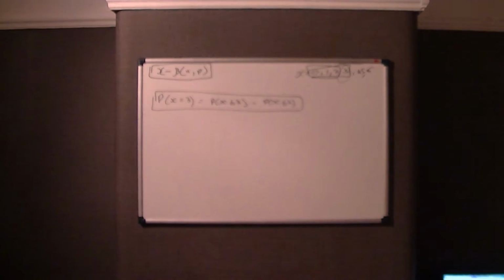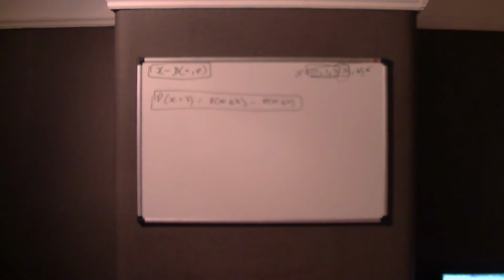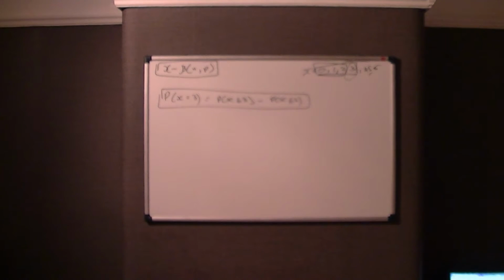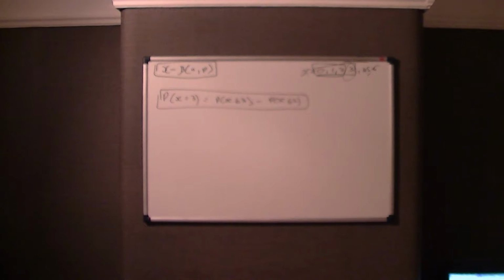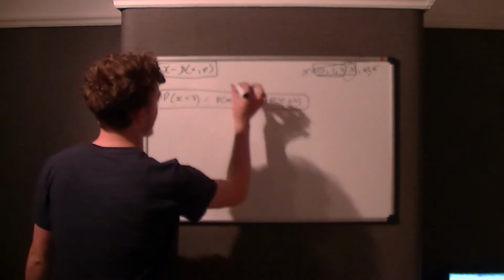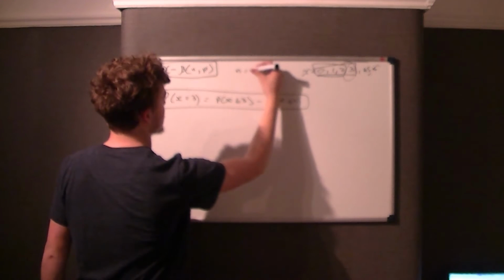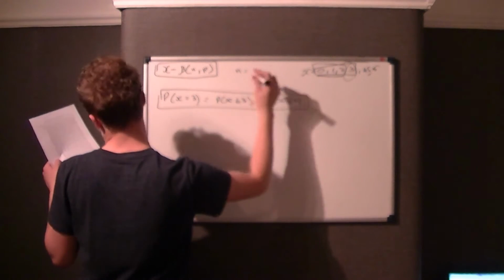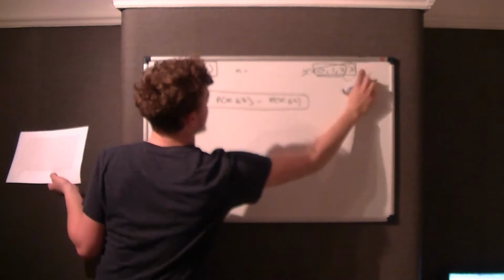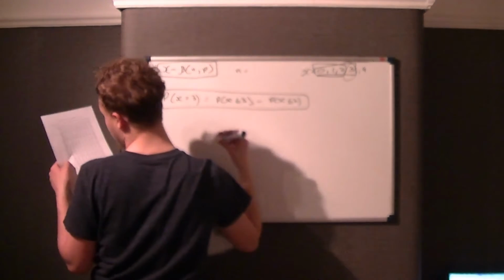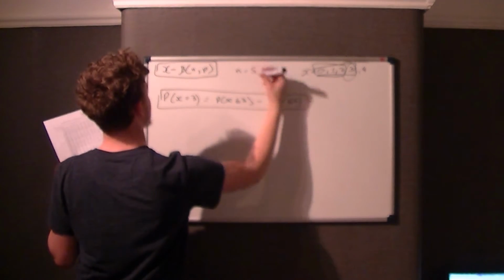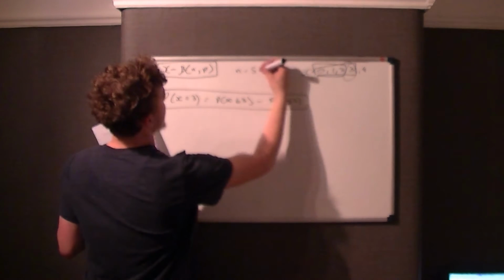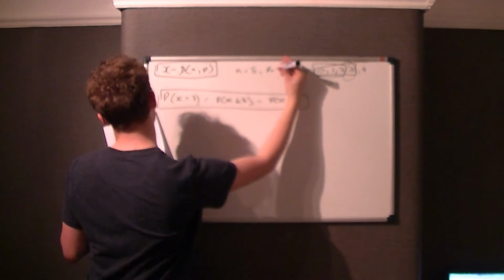Okay, so the probability that x is equal to 3 is the probability that x is less than or equal to 3, take away the probability that x is less than or equal to 2. Now, let's just say that the number of outcomes n is equal to 5, and the probability of getting a successful outcome is 0.10.